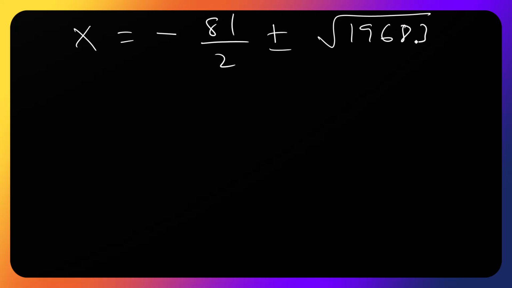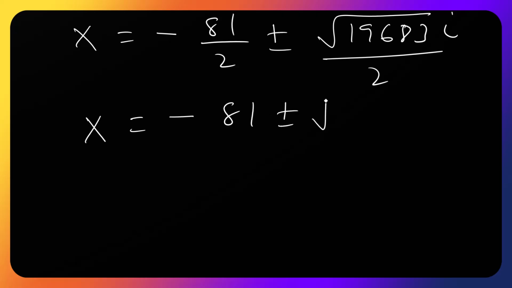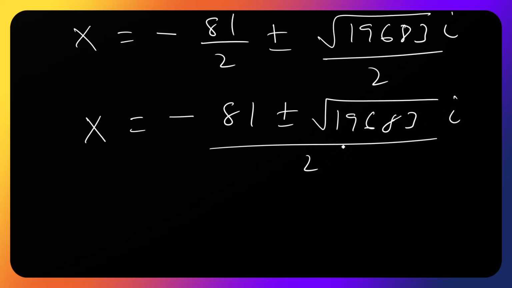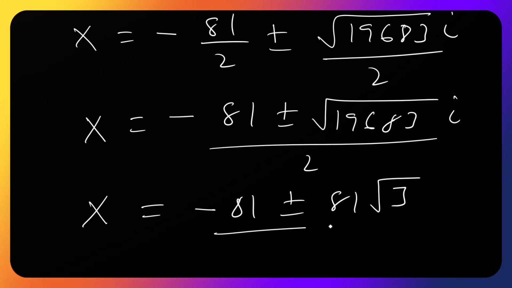So we can say x equals minus 81 over 2 plus or minus the square root of 19683 i over 2. So x equals minus 81 plus or minus the square root of 19683 i, over 2. The square root of this will be minus 81 plus or minus 81 root 3 i over 2.